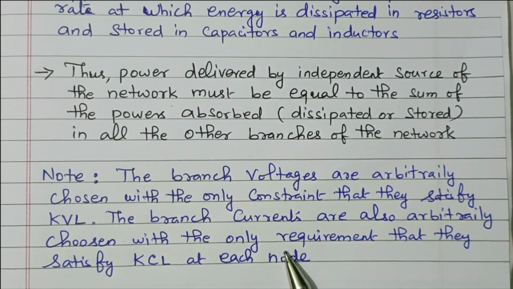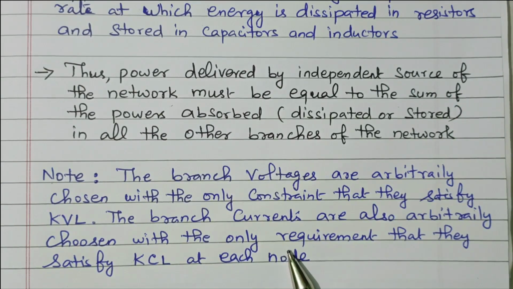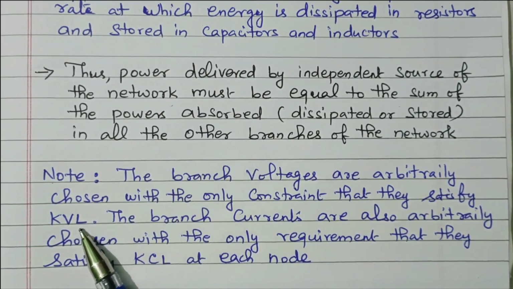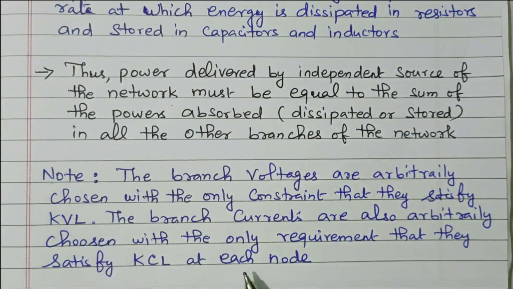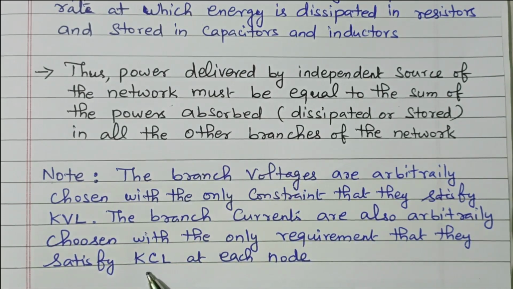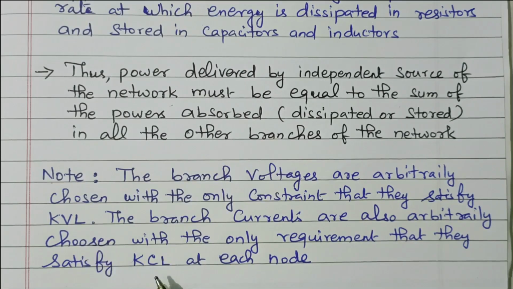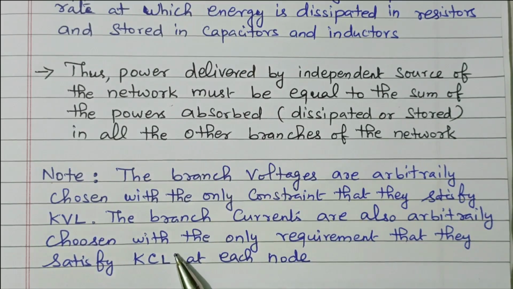So this theorem states that the instantaneous power or complex power is 0 in any network, whether time varying or invariant, linear or non-linear, passive or active, provided that the branch voltages satisfy KVL and the branch currents satisfy KCL. You have to satisfy KVL and KCL, then only this statement is true.